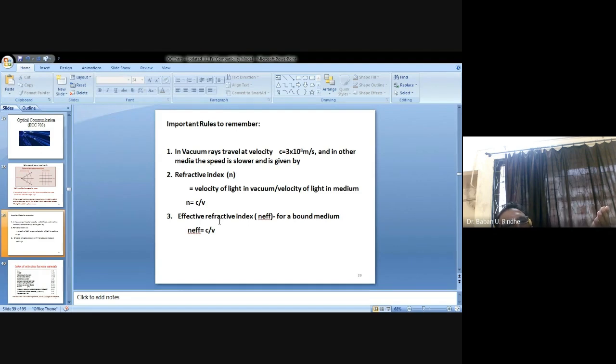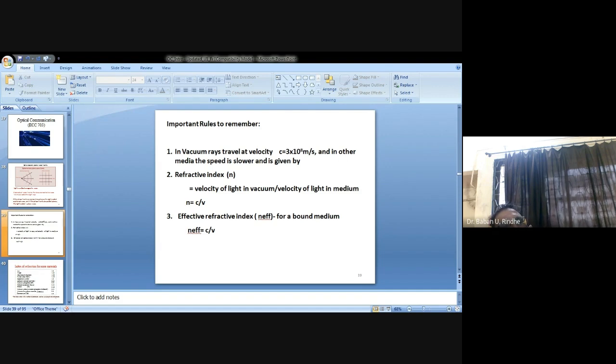Effective refractive index also for a bound medium is the same; with the help of c by lambda we can calculate it. Here we have n equal to 1. Therefore, refractive index n is equal to c by lambda. With n as 1 and c as 3 into 10 to the power 8 meter per second, we will get the lambda value.